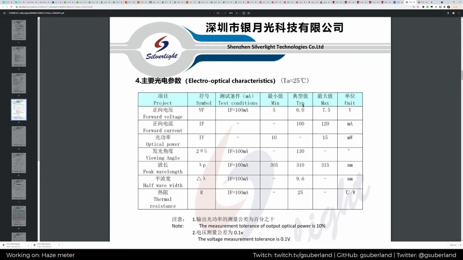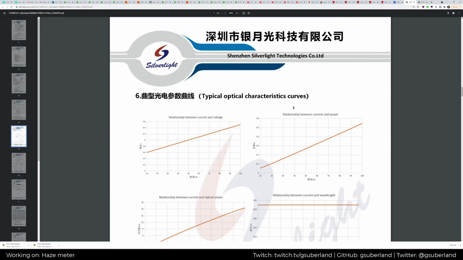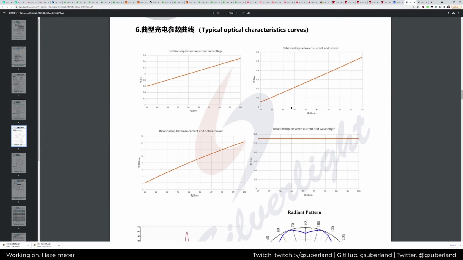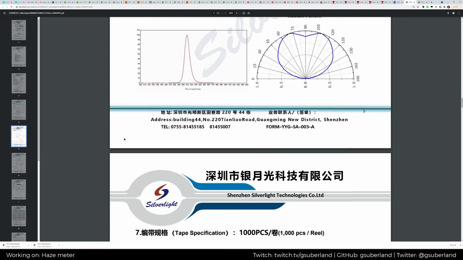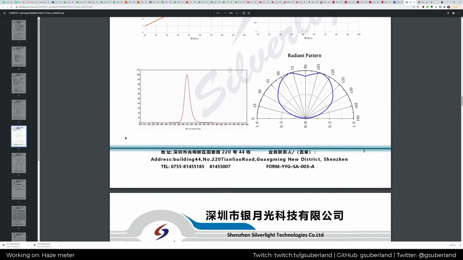Okay, so typical forward current is 100 milliamps at 6 volts. That's a lot. So at 100 milliamps, we've got 14 milliwatts of optical power, which is fairly reasonable. Of which about, have a look at that.